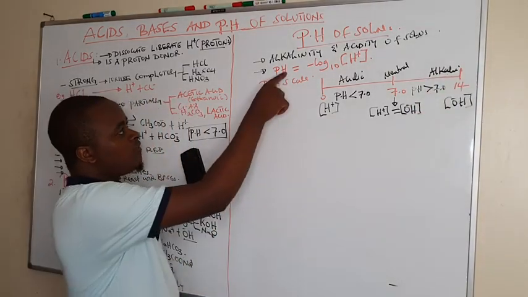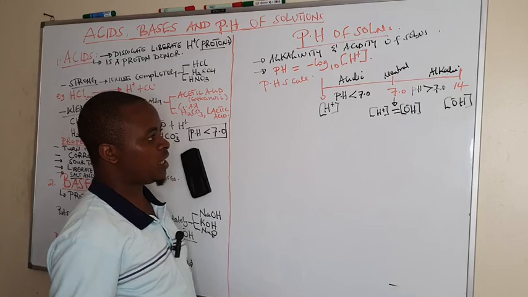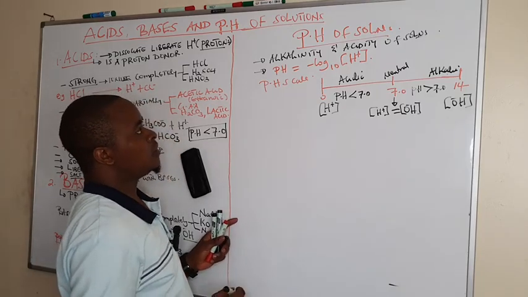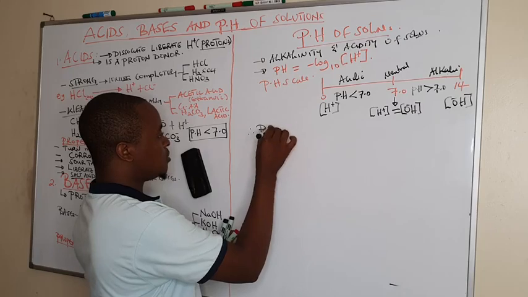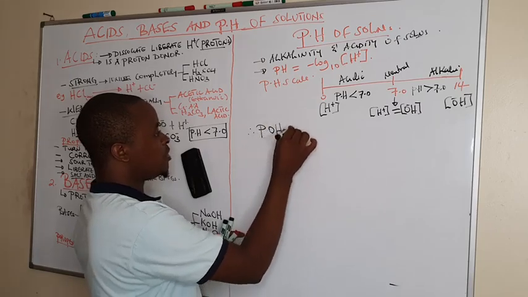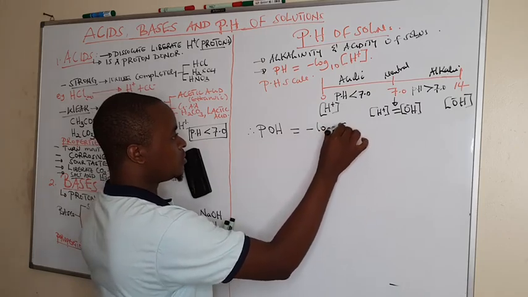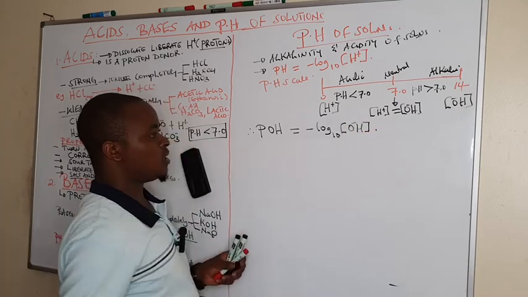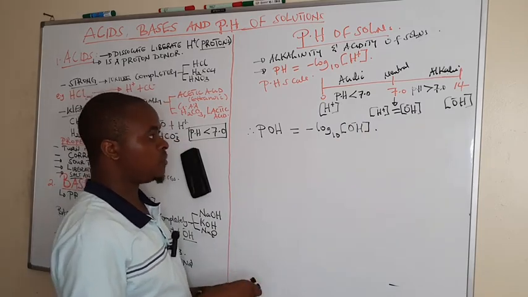And after having the first formula, pH equals negative log base 10 of the concentration of hydrogen ions, I can also calculate pOH, whereby pOH is equal to negative log base 10 of the concentration of hydroxyl ions. I can get it by using that formula.